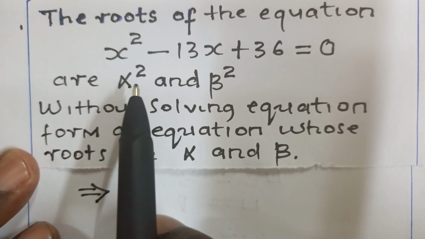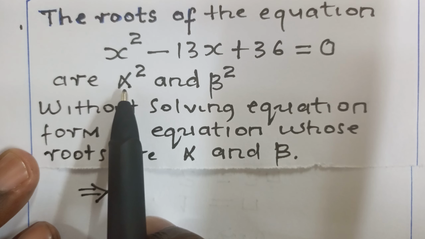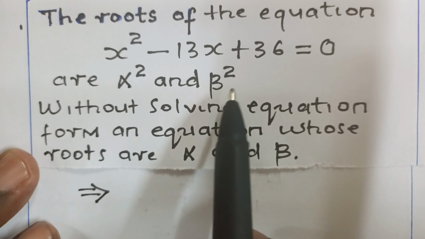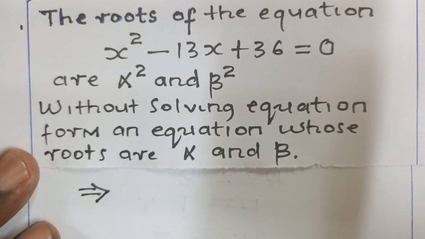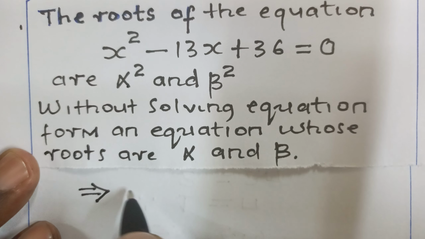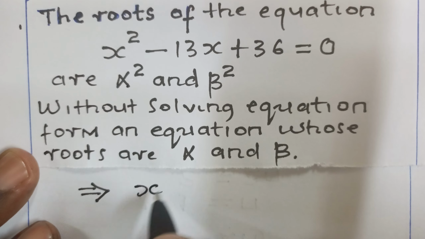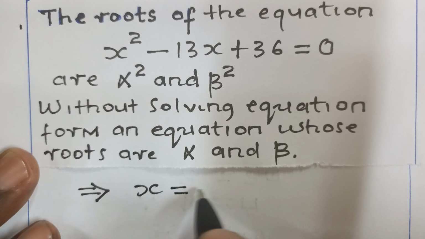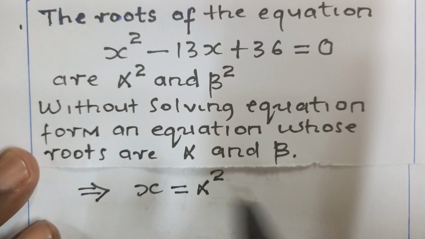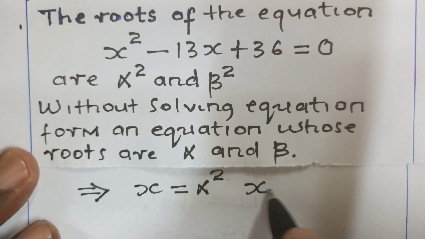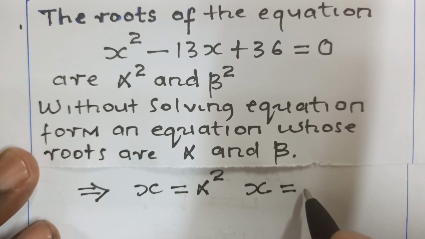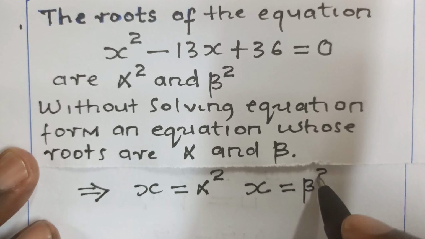But now I want to write the coefficients in terms of alpha squared and beta squared. And that can be written as, beginning with the roots, x equals alpha squared or x equals beta squared.